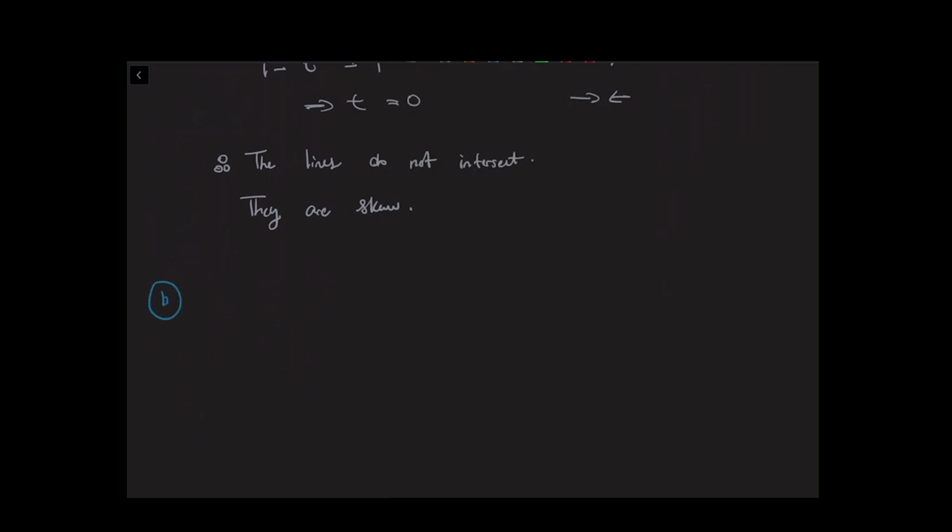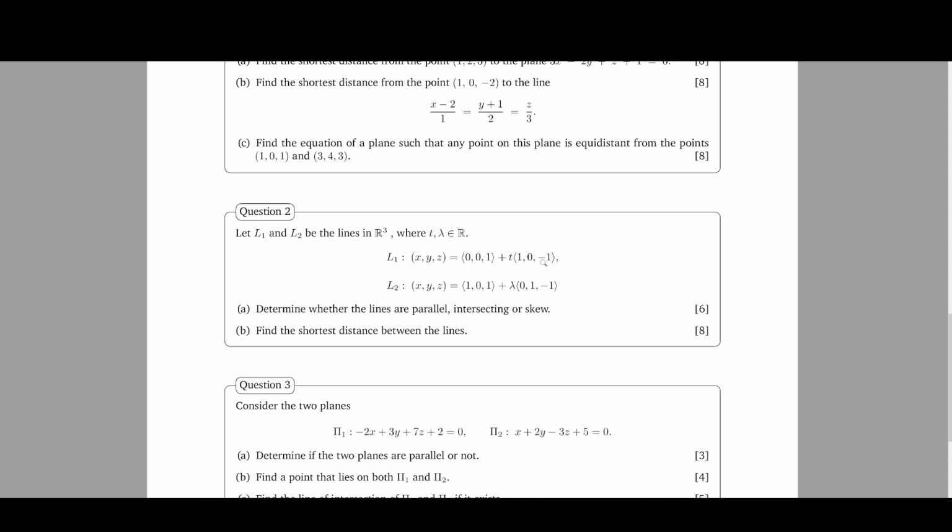Part B here. So let's choose points. Let's call the first one P1, that's from line 1. So it'll be 0, 0, 1 inside line 1. Another point P2 in line 2, so let's say 1, 0, 1 inside line 2.